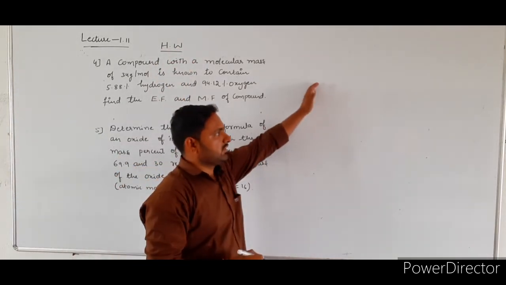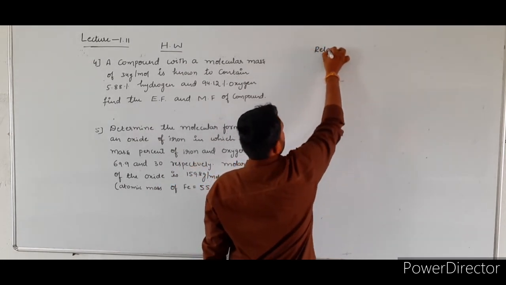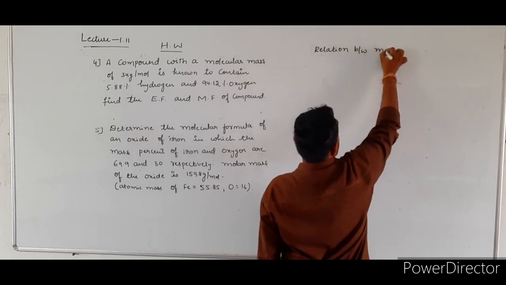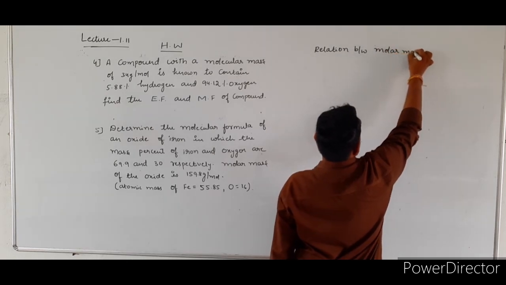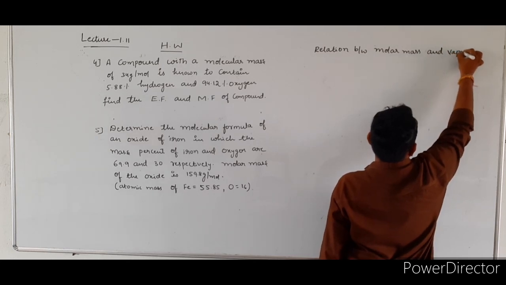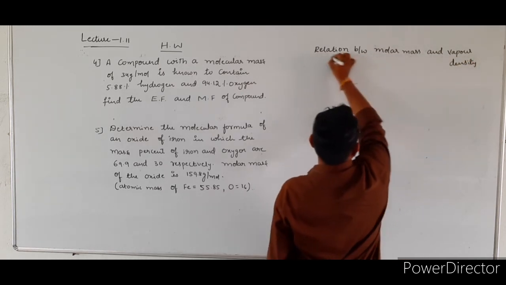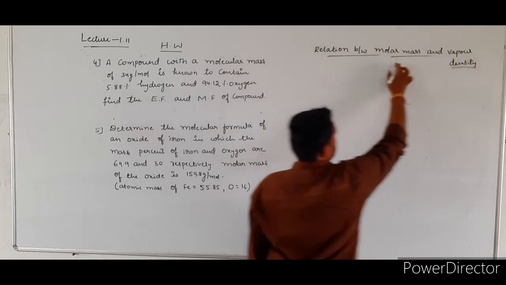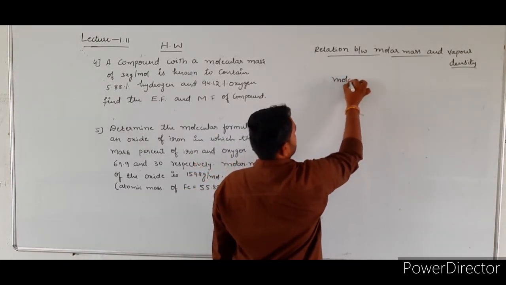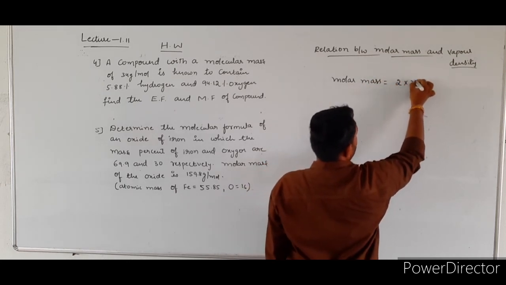You remember these relations. These relations are very important. The relation between molar mass and vapor density is: molar mass is equal to 2 into vapor density.